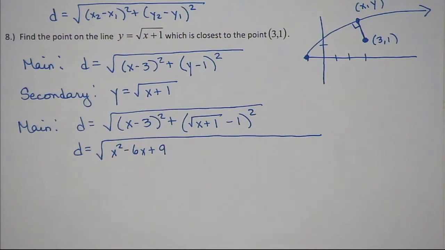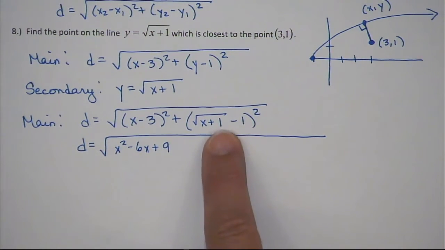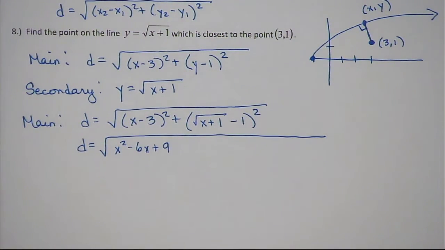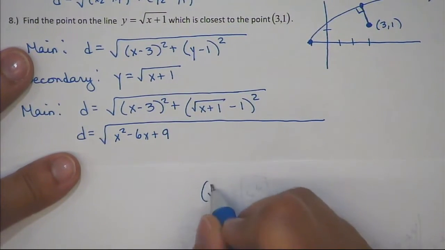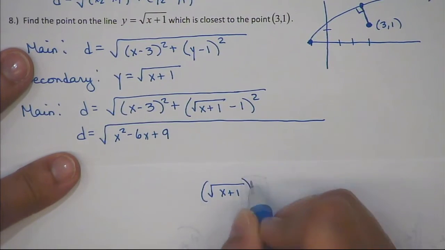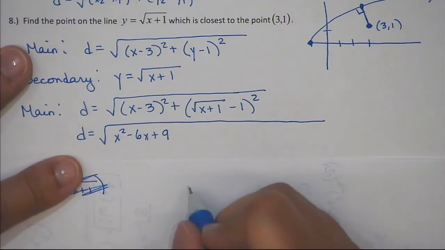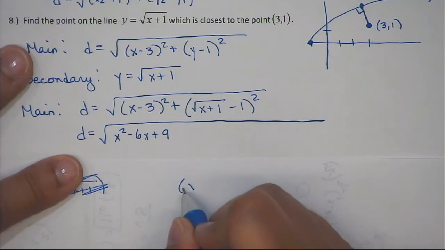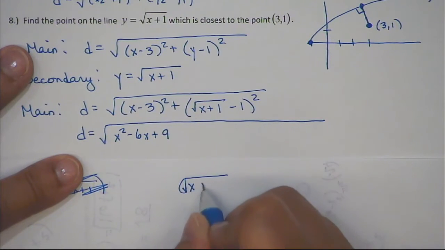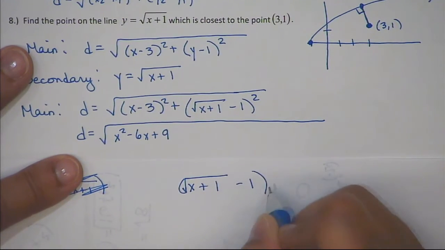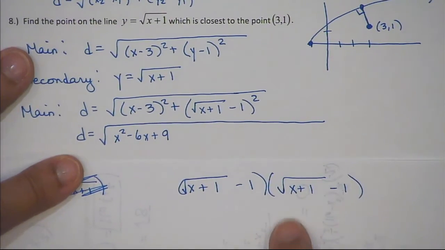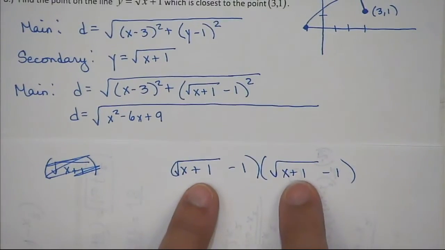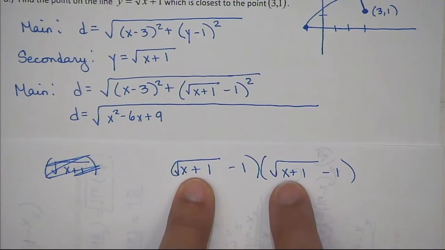All right, this one's not as bad as it looks. We're going to square this, just so you can see it. So slow down. We're getting ready to do this, so I just want you to see it. We're doing square root of x plus 1 times the square root of x plus 1.